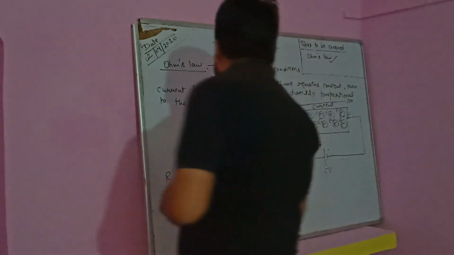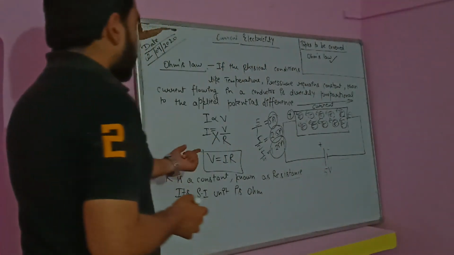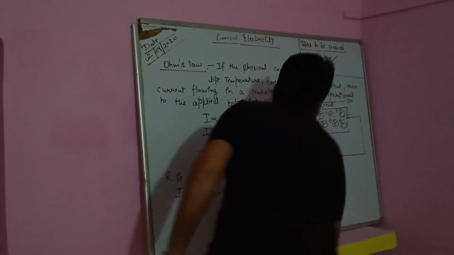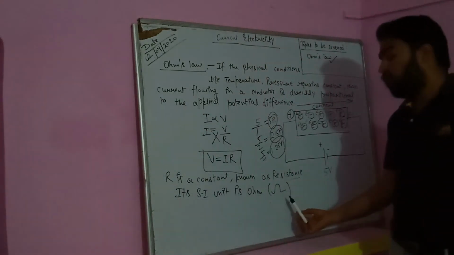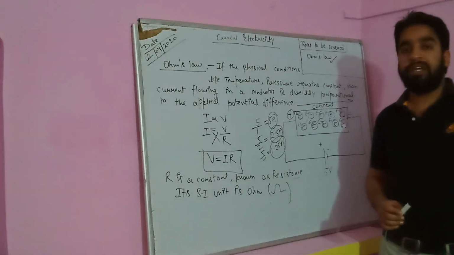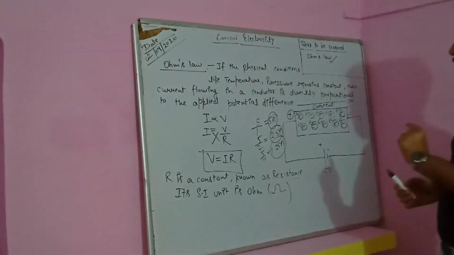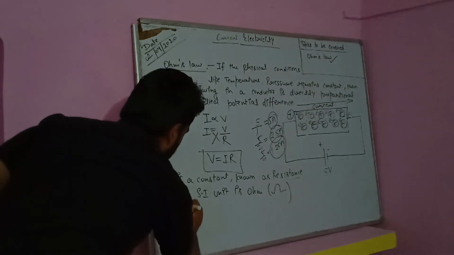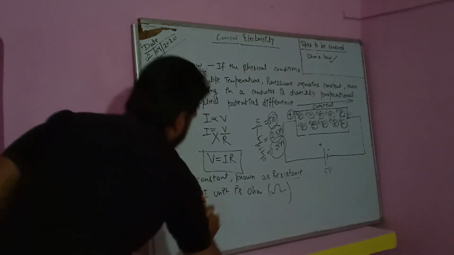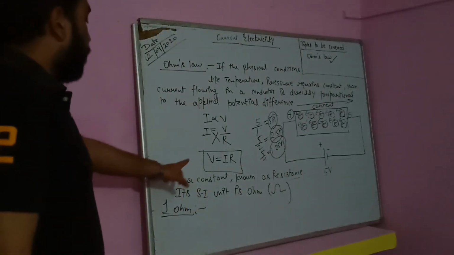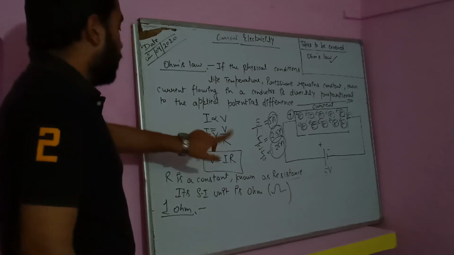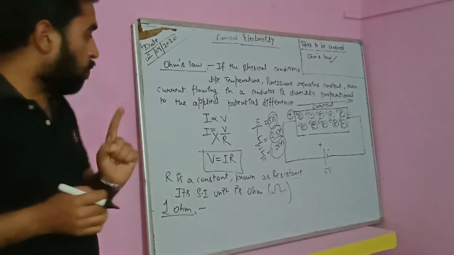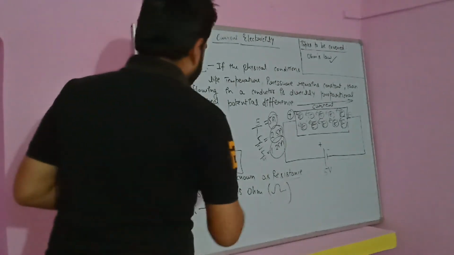Now students, what is the unit of this resistance? I have already written ohm, or we can make a symbol like this. Ohm is represented in this way. Now I should also define 1 ohm. So what should be the definition of 1 ohm? So students, that is very clear.